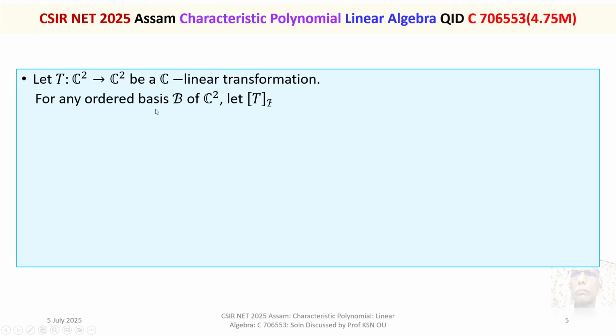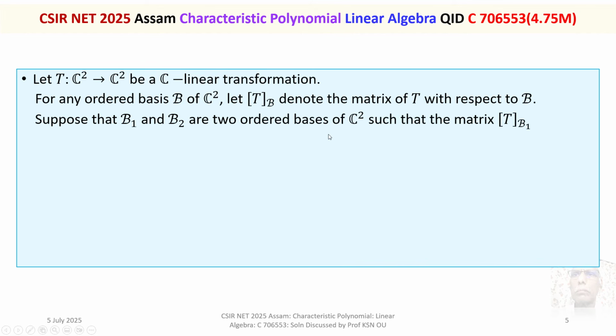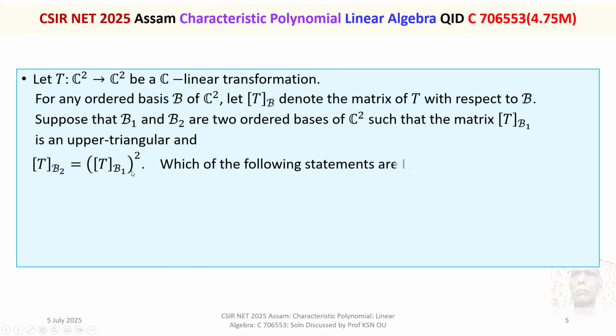For any ordered basis B of C square, let bracket T suffix B denote the matrix of T with respect to the basis B. Suppose that B1 and B2 are two ordered bases of C square such that the matrix of T with respect to B1 is an upper triangular matrix, and the matrix of T with respect to B2 is the square of the matrix of T with respect to B1.